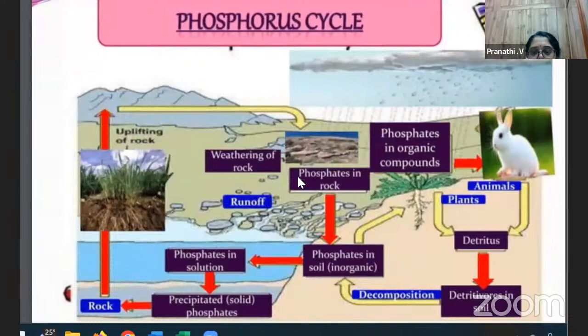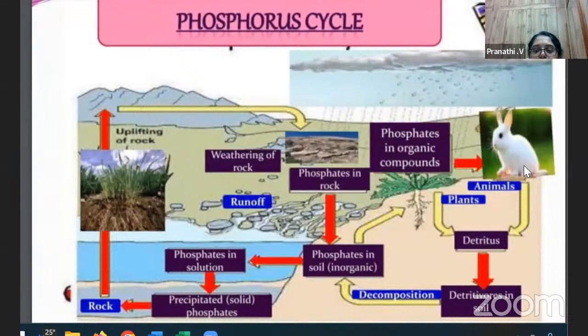You have phosphates in the rock, and then because of which it goes into the soil in inorganic form, and then in solution, and then it is precipitated as phosphate rocks, and comes back to the inorganic. Whereas in the organic compounds, you have the animals that are present, absorption of phosphate by the plants, and detritus, that is decaying of the plants.